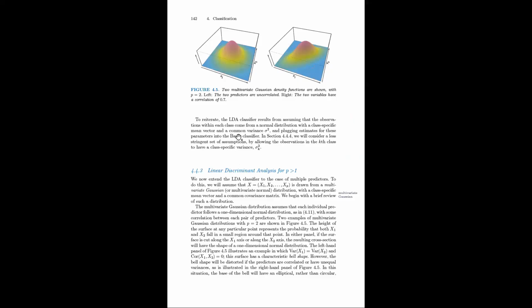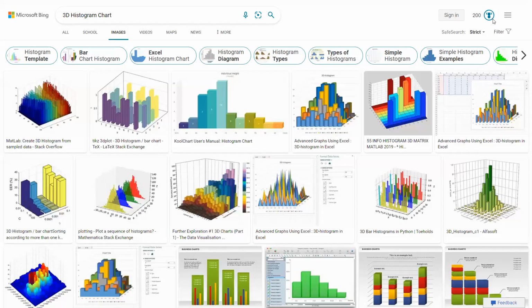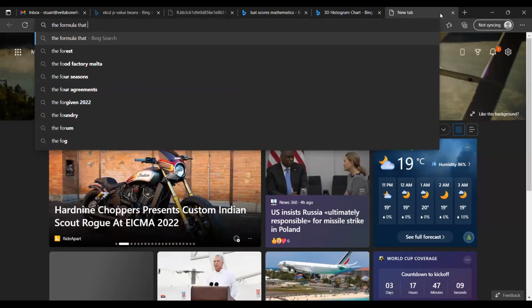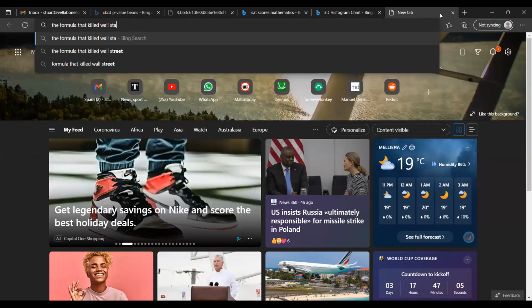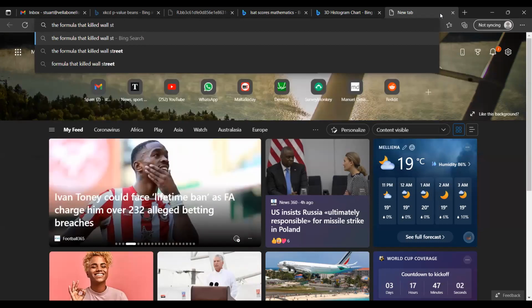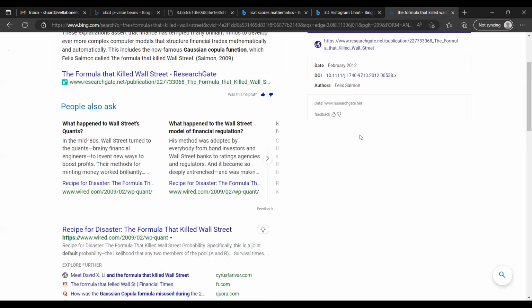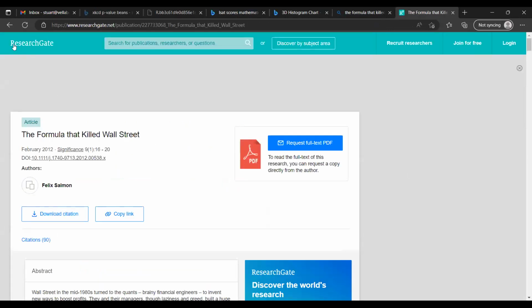There's a really good article. If we could go back into my browser. The formula that killed Wall Street. It was actually an actuary that came up with that. I think it's a Wired article. Really famous.